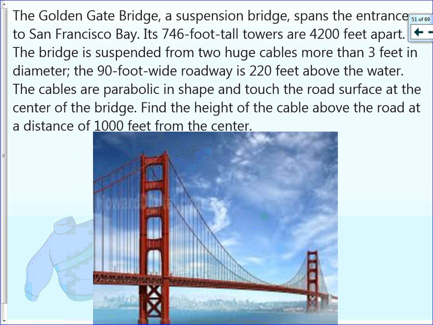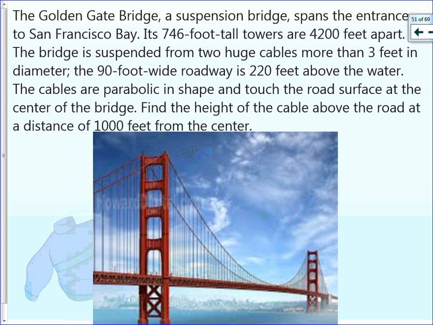The bridge is suspended from two huge cables more than 3 feet. Do you guys hear that? 3 feet. The cables are 3 feet in diameter. So like 2-year-olds are 3 feet tall. That's how big the cables are in diameter.